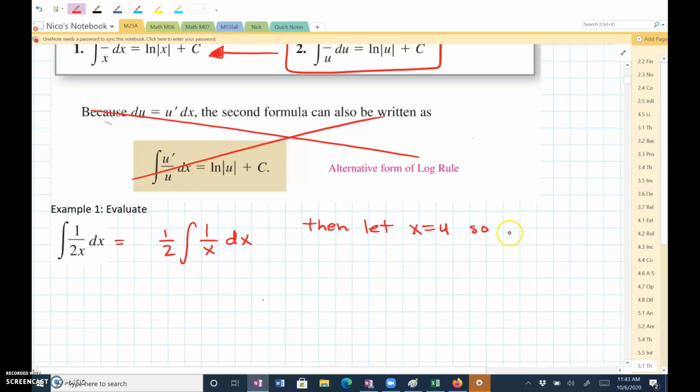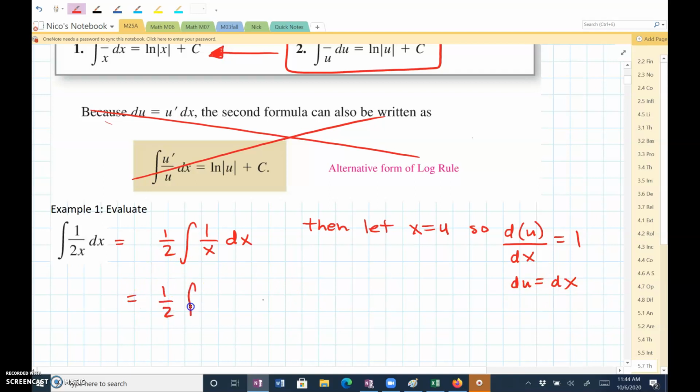So the derivative of u with respect to x equals 1. So du equals dx.